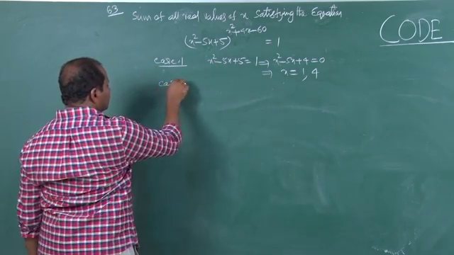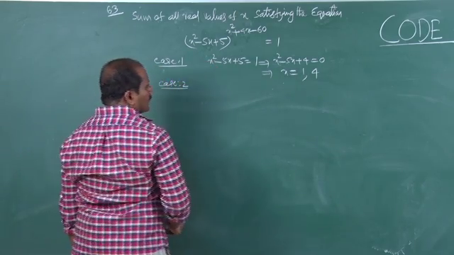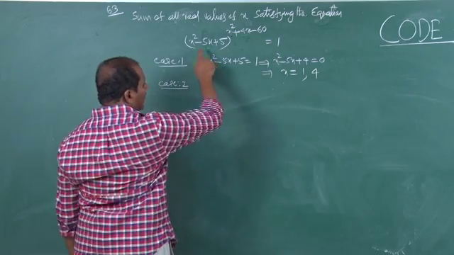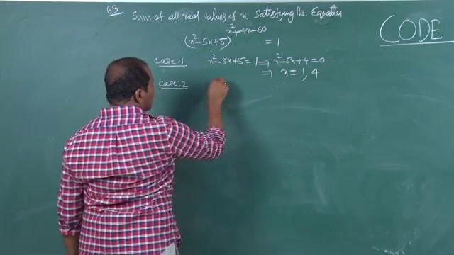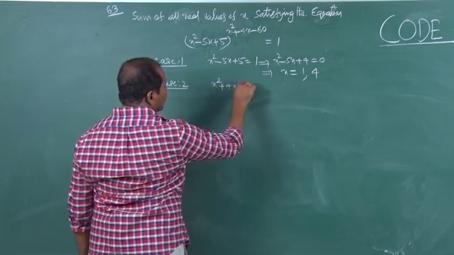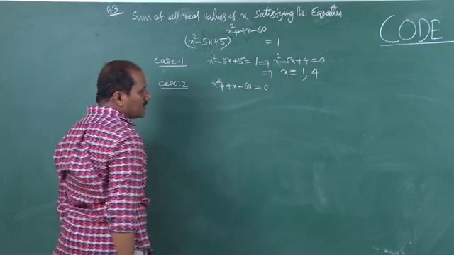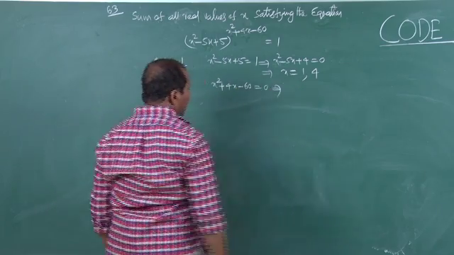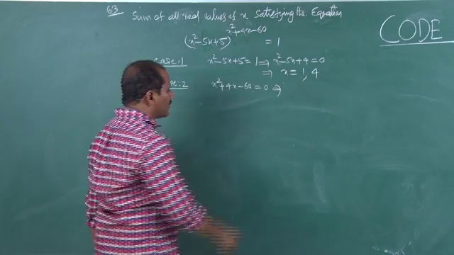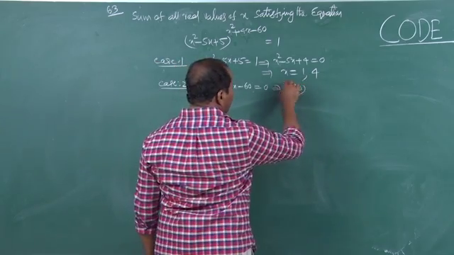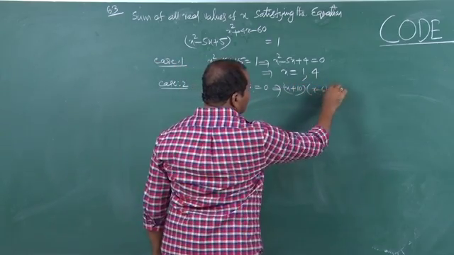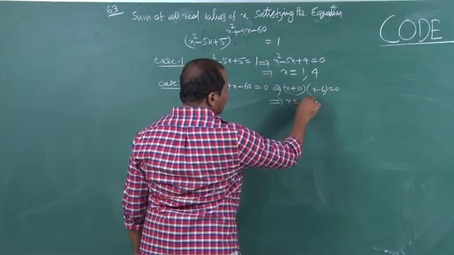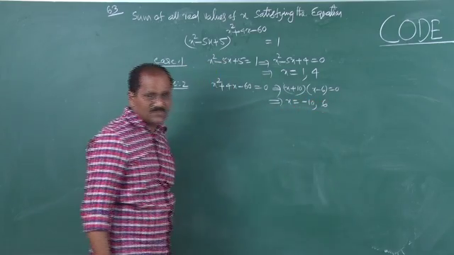Case 2: previously base was equal to 1, now this time power equal to 0 is another case. x² + 4x - 60 = 0 implies factors of product 60 and sum 4, (x + 10)(x - 6) = 0, which implies x is equal to -10 and 6.